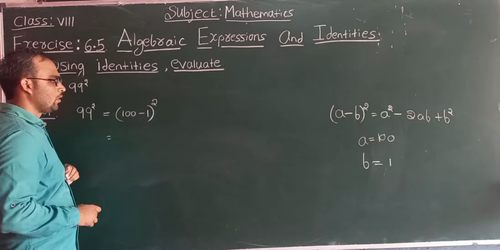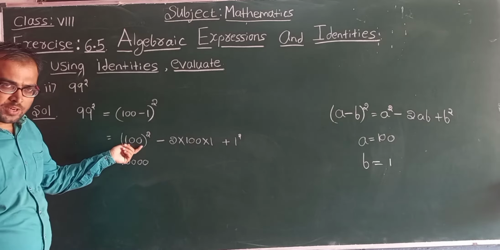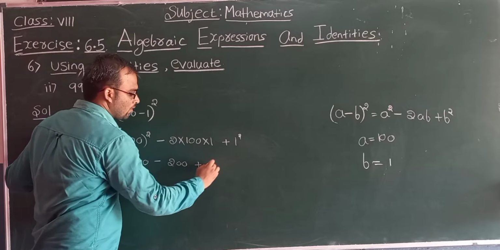In a simple way, 1 square is 1, and if a number has 2 zeros, its square will have 4 zeros. So the square of 100 is 10,000. Next, minus 2 into 100 is 200, 200 into 1 is 200 only. Next, plus 1.